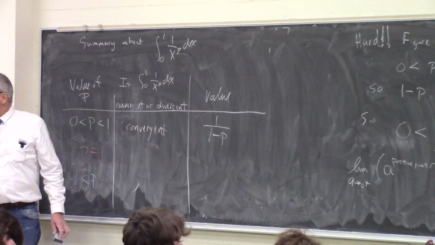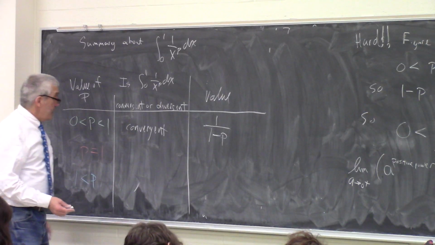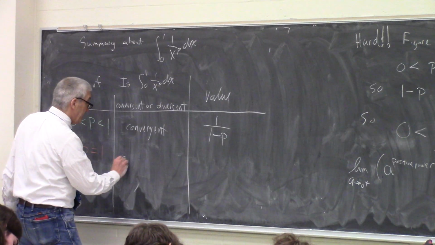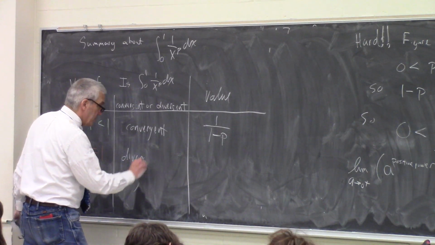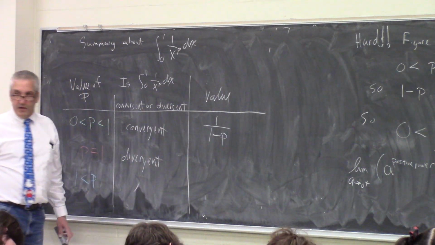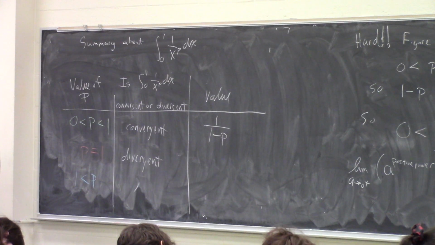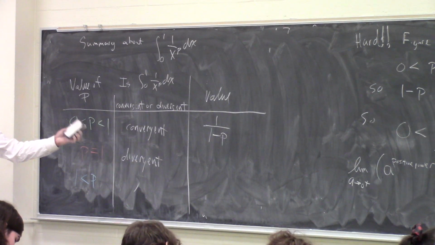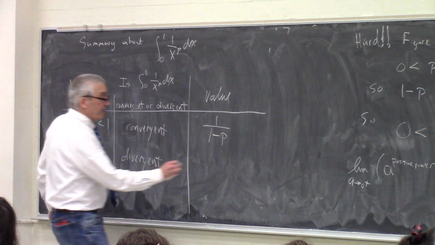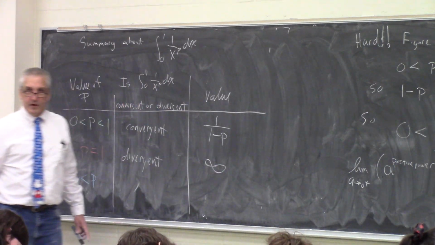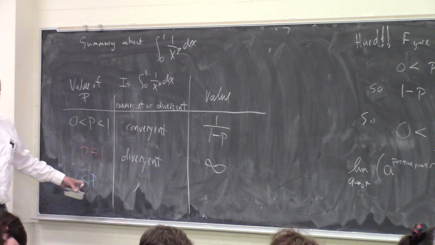In the case of the red graph, remember that we found that it was divergent, because the value of the integral was not a real number. But if this was WebAssign, you'd have to say, okay, the integral is divergent, but then you'd have to go on and give its value, and the value was infinity. Now remember, we didn't do the blue case.